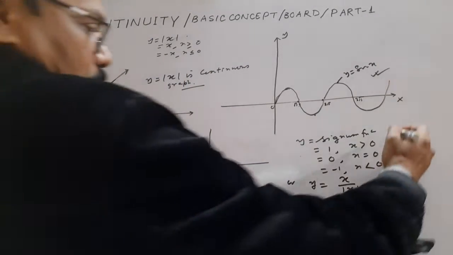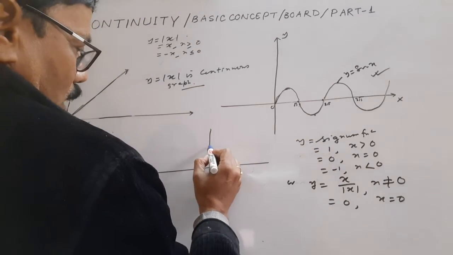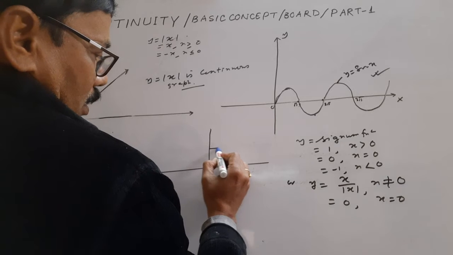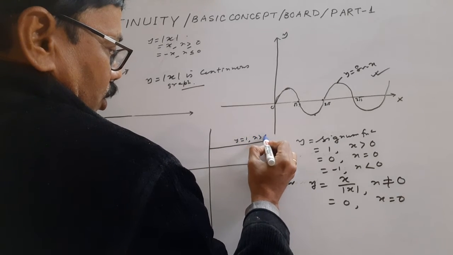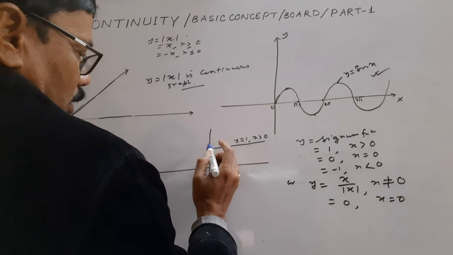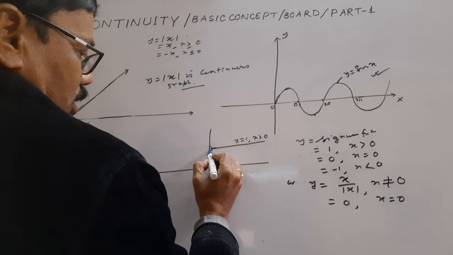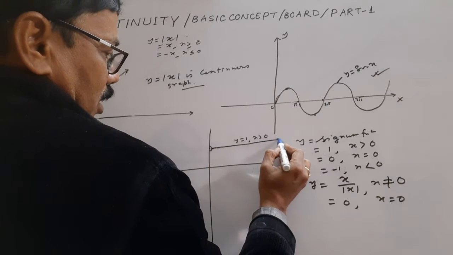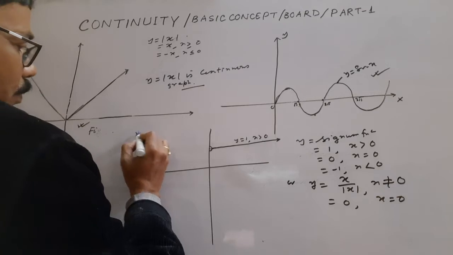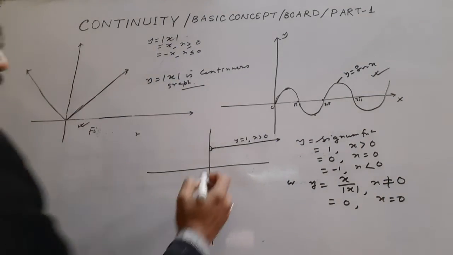Now, the definition of the signum function. y equals to 1 for x greater than 0. So 0 is not included. It will come very near to 0, but not at x equals to 0. We use this symbol. So this is y equals to 1 for x greater than 0.